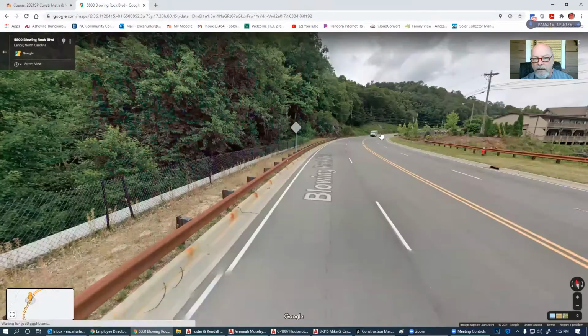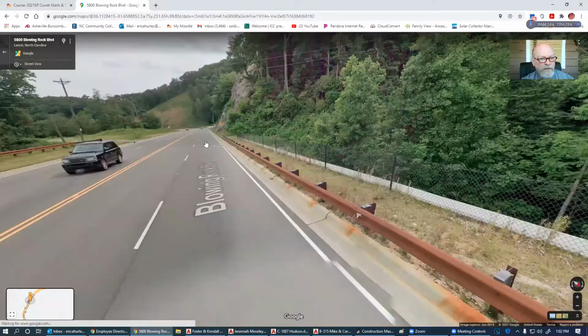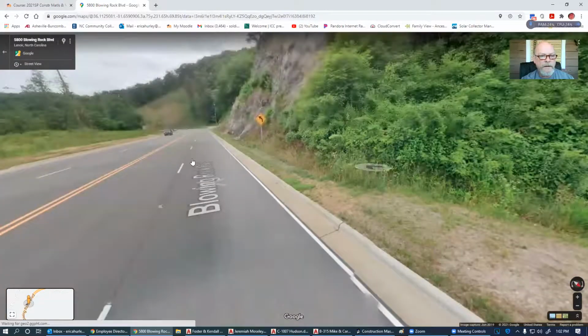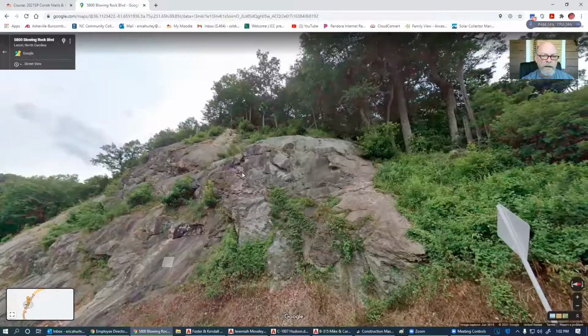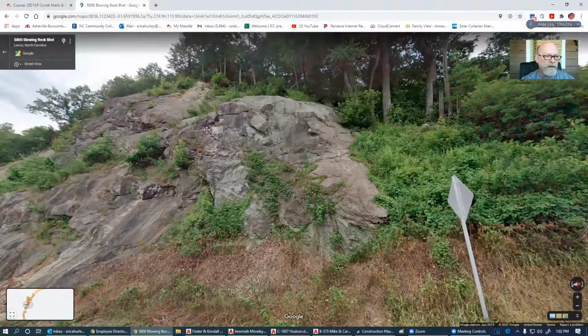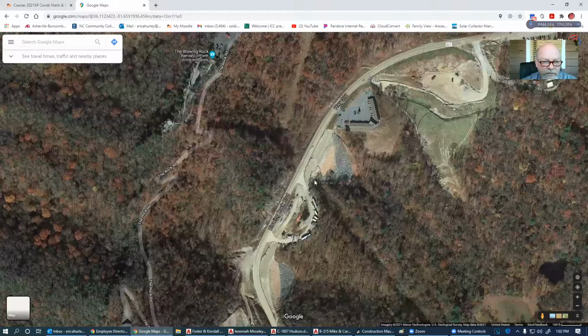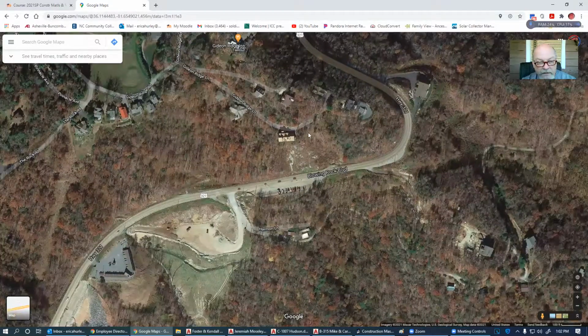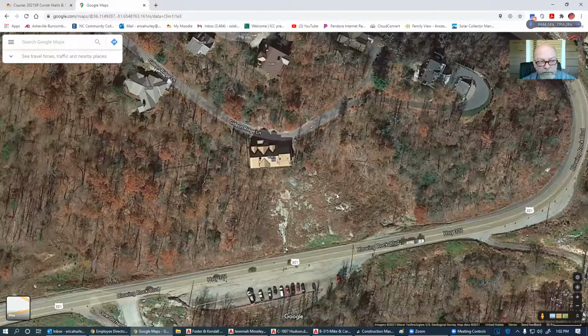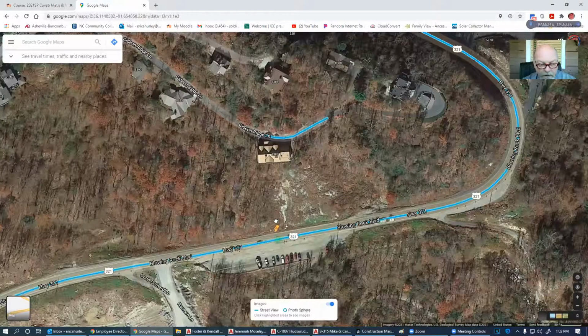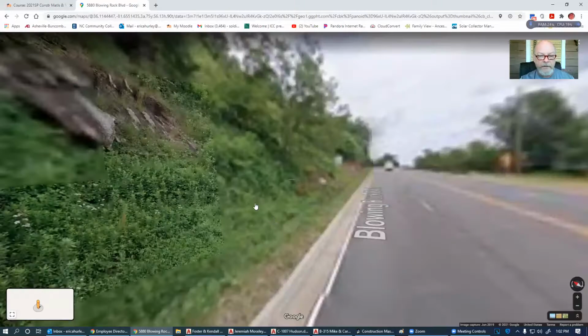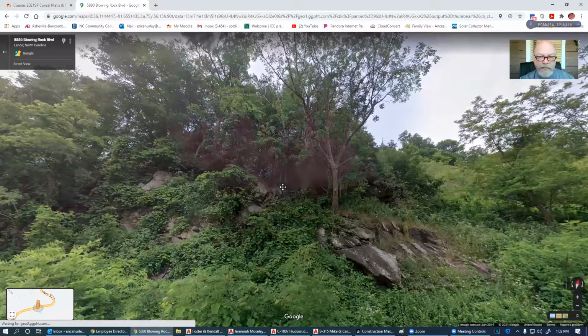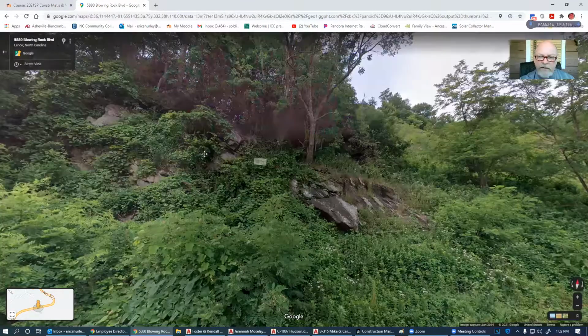Did I miss it right here? No, it's not there. It may be a little bit easier doing it this way. Maybe I went too far down. Yeah, I did go too far down. See that house right there? That's the house that we're going to look at. We're going to look right up under its skirt there if we can. Well, maybe I was in the right place. You just can't see it anymore.